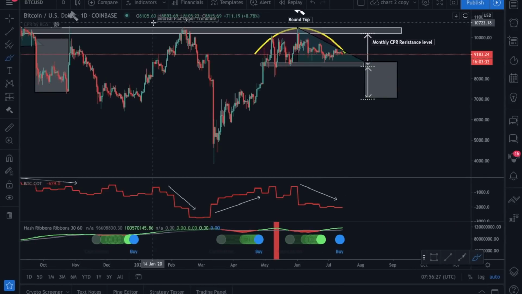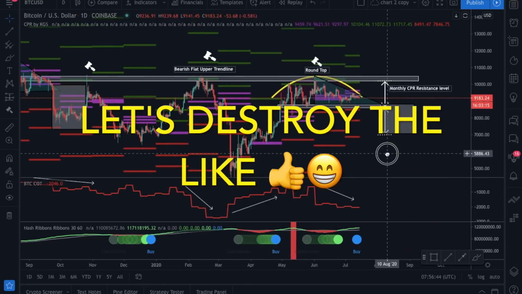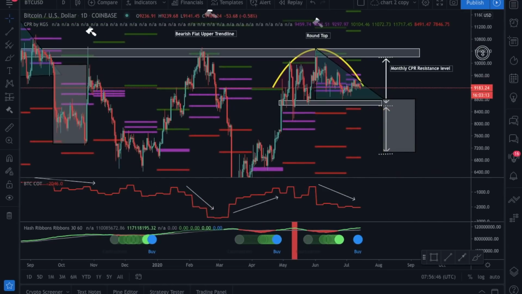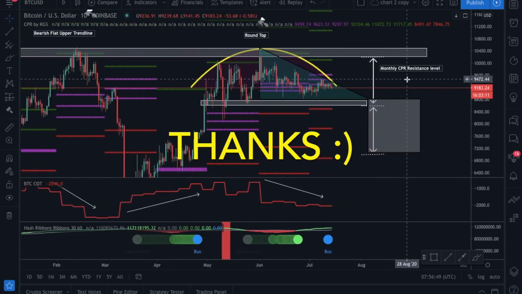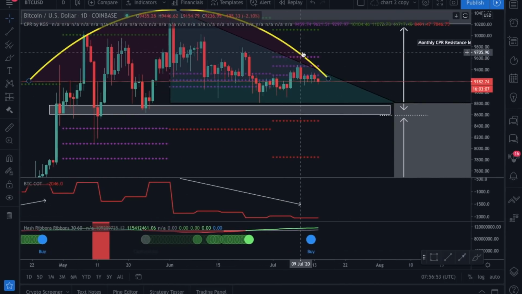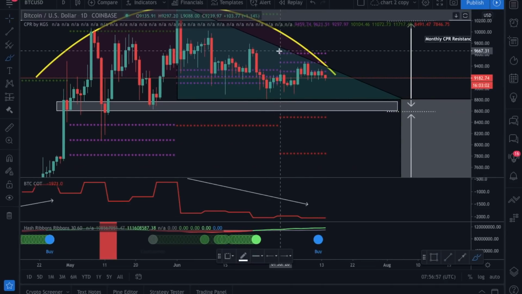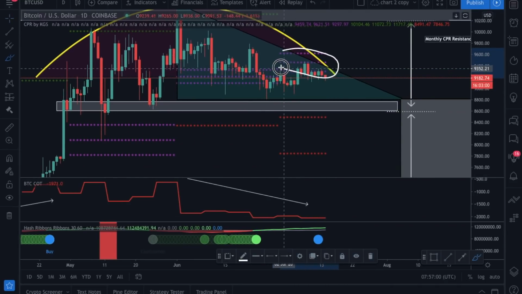And also if you notice here, guys, let me also include the CPR, central pivot range. If I use the monthly central pivot range, you can see some difference here. Let me enlarge it. If you look at this area very carefully, you can see this purple line here. This purple line is the monthly CPR level.